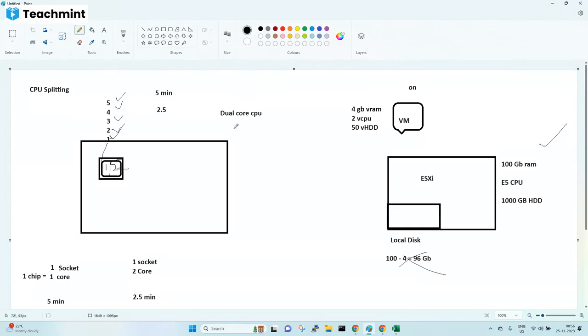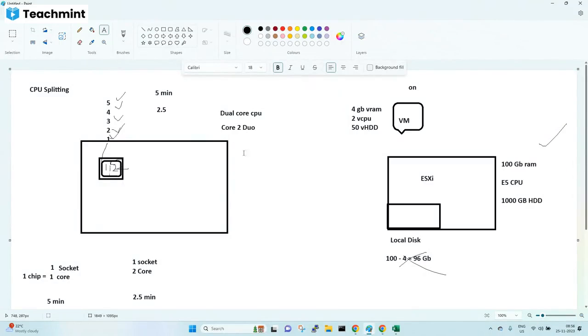Dual core, when they initially introduced it, was working fine, but not that efficient. The work was done correctly, but we didn't get the performance we expected. The logic was correct, but it was not working as well as they expected. They changed it to Core 2 Duo, improving their algorithms with the same logic.